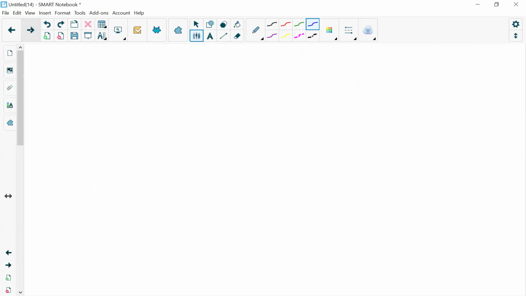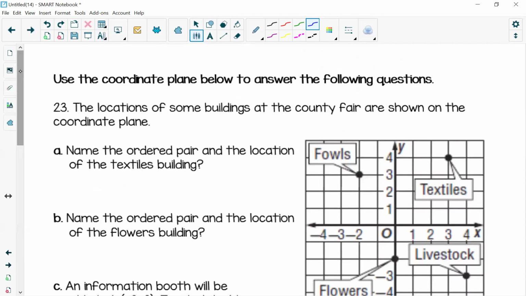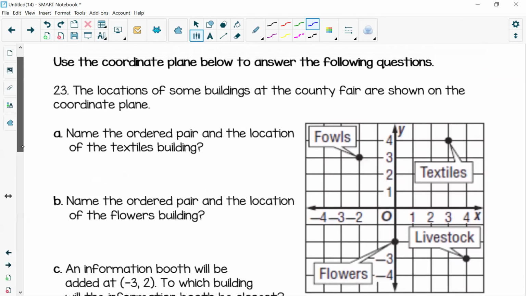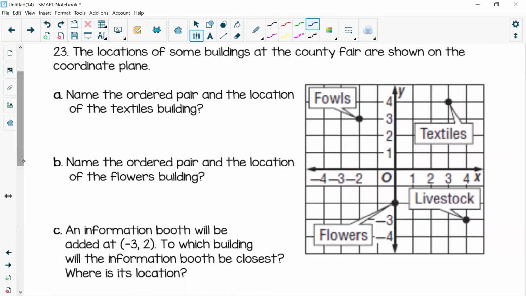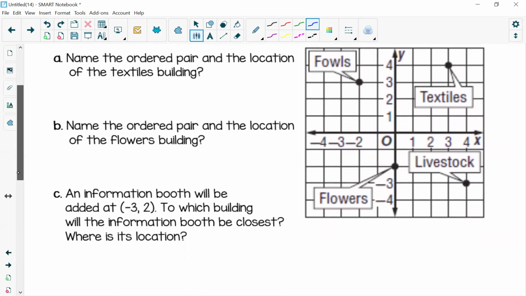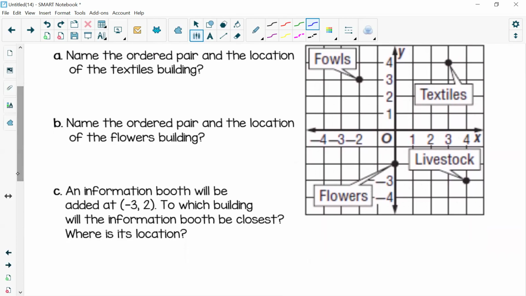All righty. Now we're at the very end here. And it says, use the coordinate plane below to answer the following questions. The locations of some buildings at the county fair are shown on the coordinate plane. Name the ordered pair and the location, so both, okay, and the location of the textile building. All right, so there we go, right there.